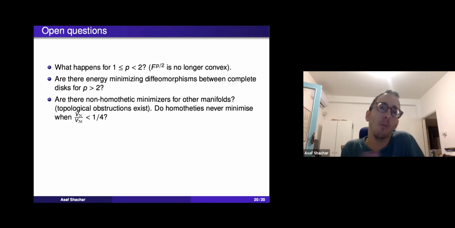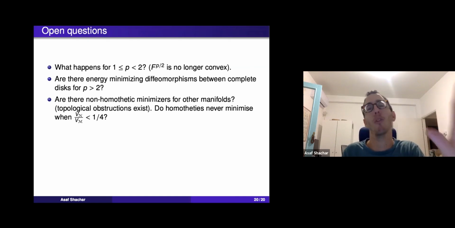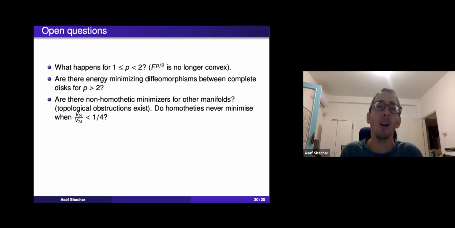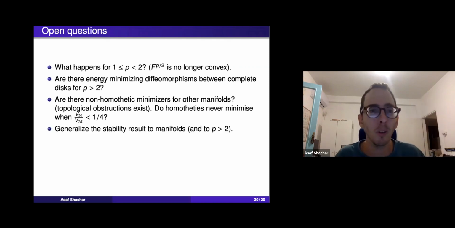So for other surfaces, you do not have smooth such diffeomorphisms with distinct singular values. Of course, it doesn't rule out the existence of such Lipschitz maps, because then the topological argument breaks down. But it's just an interesting point.